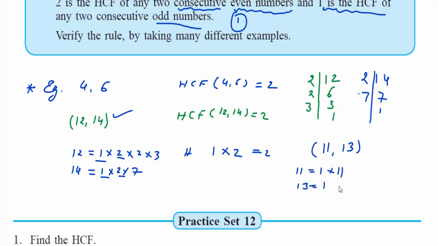Factor of 13, 1 multiply by 13. So what is the common factor? इसमें common क्या है? सिर्फ 1 है. Hence 1 is the only highest common factor of two consecutive odd numbers. तो consecutive odd numbers के लिए हमारा highest common factor क्या बनेगा? 1 बनेगा. And if you have two consecutive even numbers, then the highest common factor is 2.